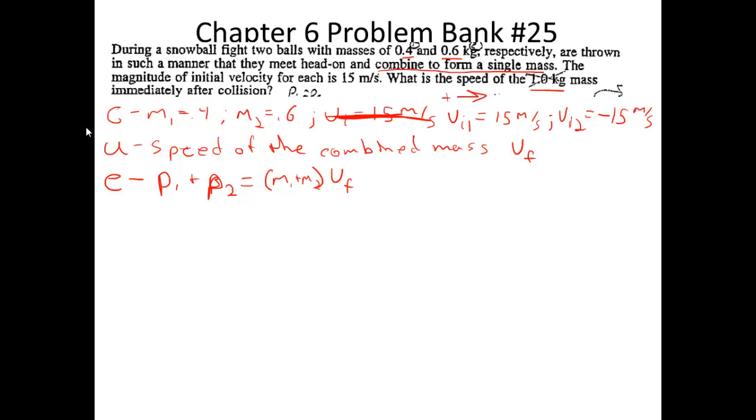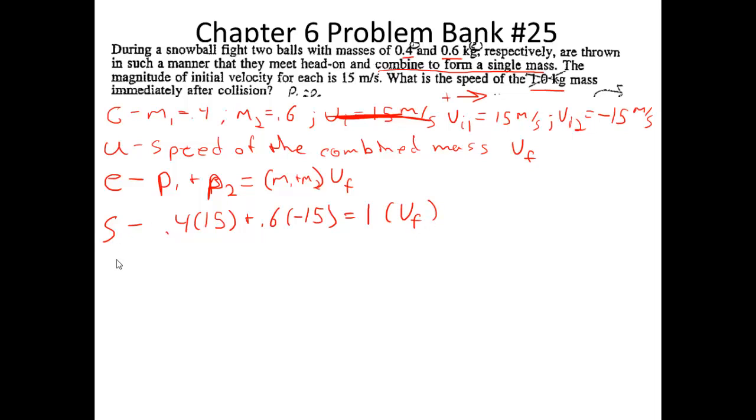So we'll substitute things in, and we have 0.4 times 15 plus 0.6 times a negative 15 is equal to 1 times V sub F.